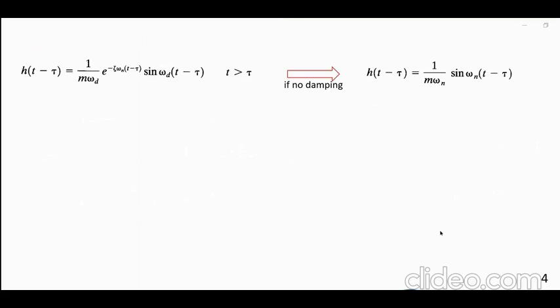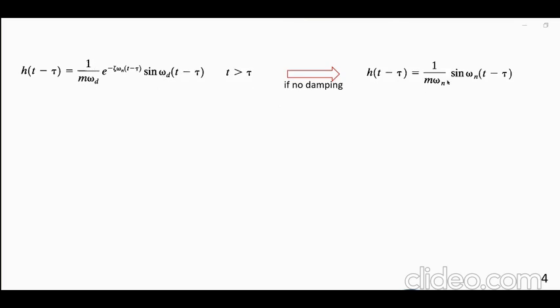Now, let's take the impulse response function that we derived in the previous lecture, which was for the damped situation. It looked like that. In other words, there was an exponential here, and there was a sine, and this is omega d. Now, if there is no damping, first of all, zeta is 0, so there is no exponential, and omega d is the same as omega n.